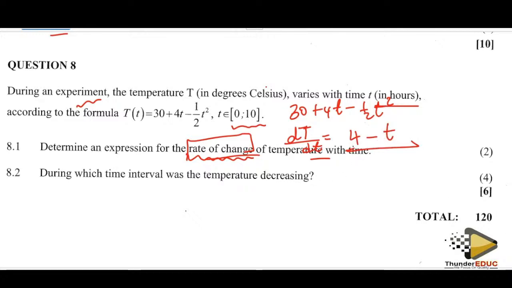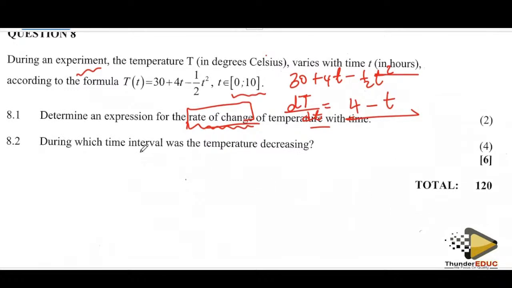Okay, 8.2. During which time interval was the temperature decreasing? In other words, if we get the derivative, the capital T with respect to small t must be less than 0. So the rate must be less than 0.